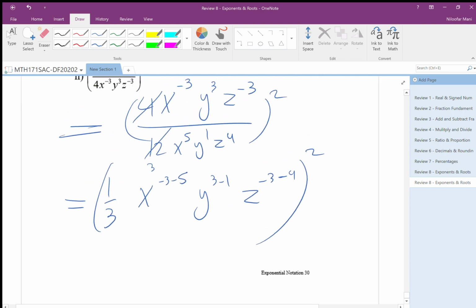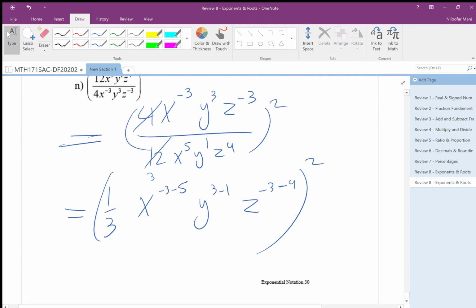Okay, and then I apply power 2. That's easier. If you want to do one by one, it's confusing because you want to apply 2 to each and then simplify. That's not wrong, but you need to do more work. The more work, the more chance of mistake.